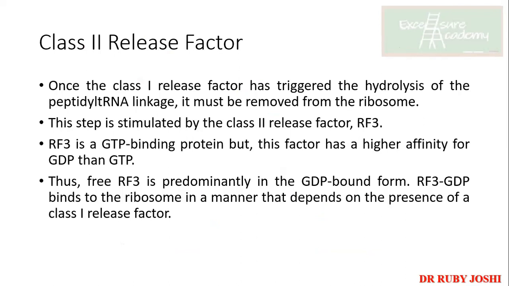Correct? So the first job of the class 1 release factor is to release the polypeptide chain. Second, the class 2 release factor, that is RF3, comes and helps in the release of the class 1 release factor. Are you able to get the point? Okay?